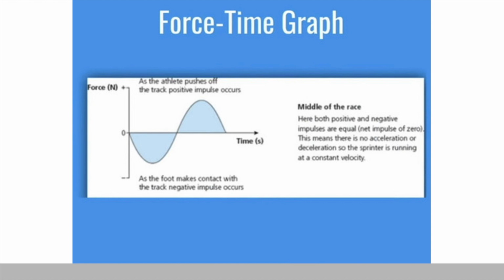It's where the line above the zero is equal to the line below the zero. So this is showing us constant velocity. So the runner has hit their top speed and they're maintaining their top speed. They no longer have to keep their foot on the ground to generate that impulse. They've already got the impulse, now they're just keeping it going.